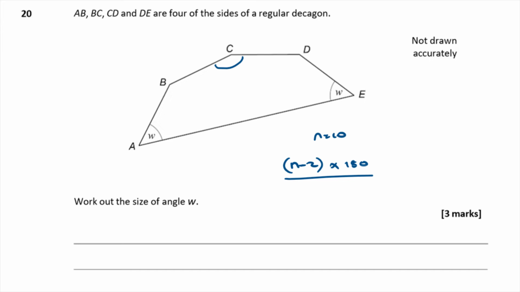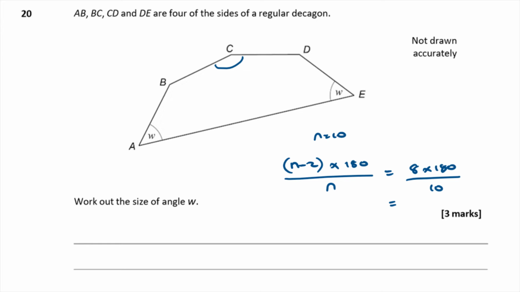That will give you the total, won't it? And then if you divide it by n, you will get the individual angles inside a regular n-sided polygon. So what we want is n minus 2, which is 8, 8 times 180 divided by 10. That will tell me what C and B and D are.